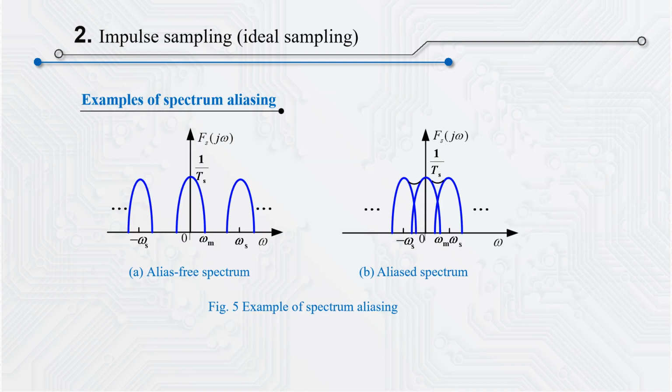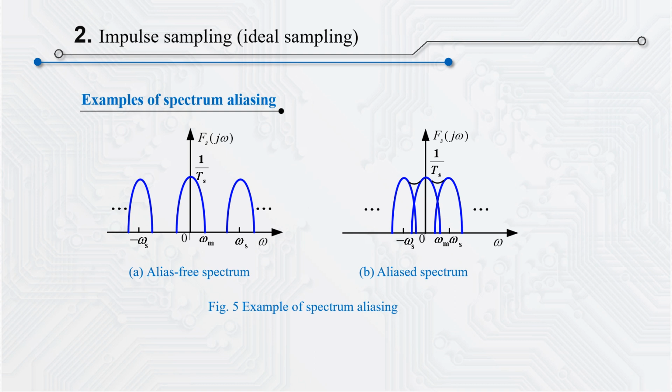Let's look at an example of spectrum aliasing. If the spectrum of the original signal is like this, when it is ideally sampled, there is no frequency aliasing.